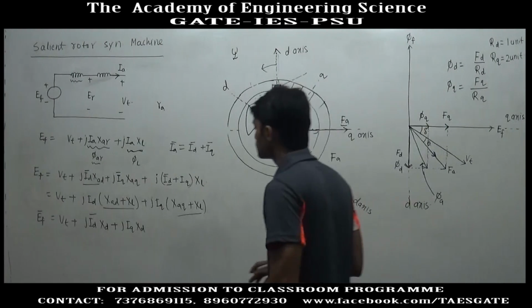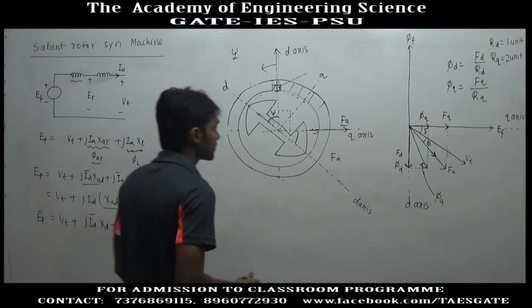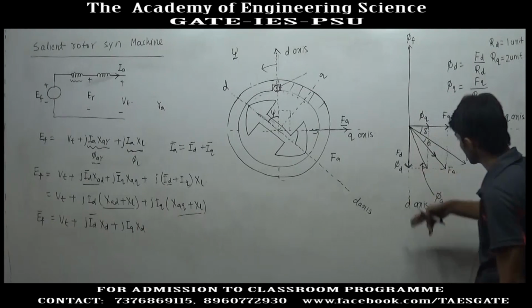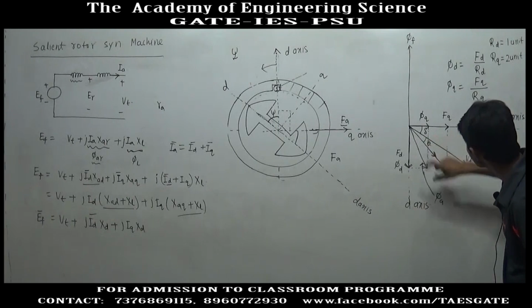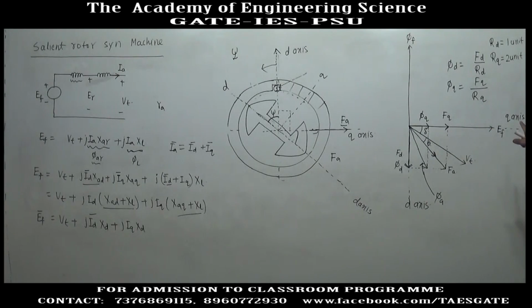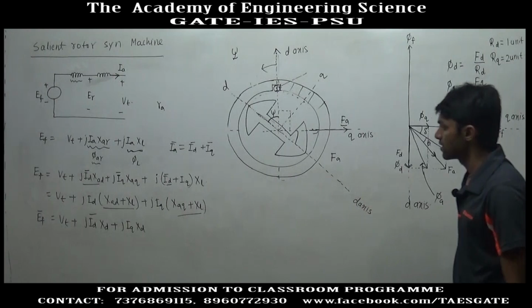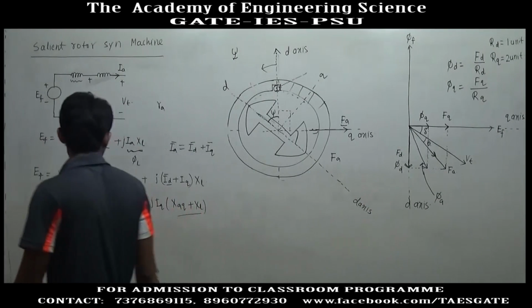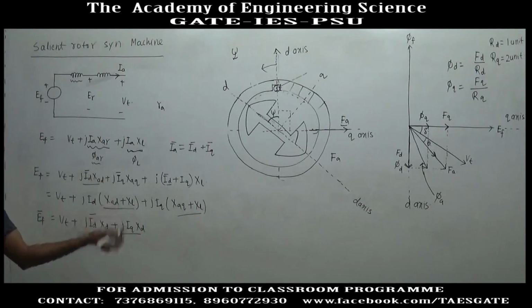So in this phasor diagram, the direction of ID is along the D axis. This is IA. I am going to draw a new phasor diagram for this relationship, and in that phasor diagram I will not show the MMF and flux.